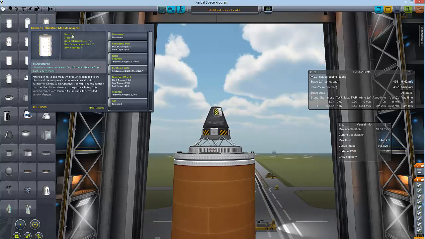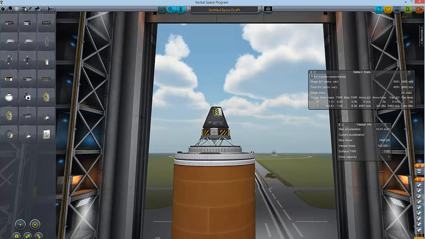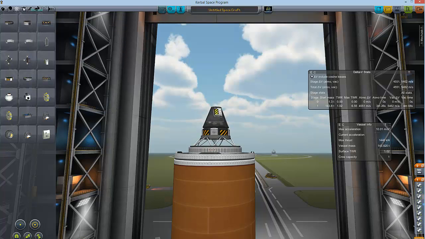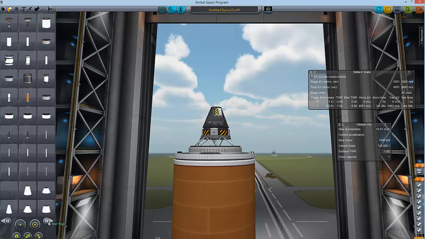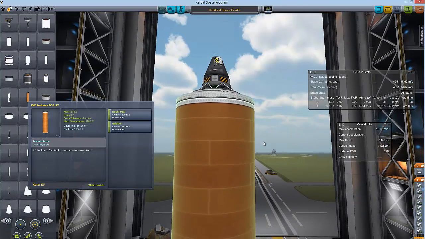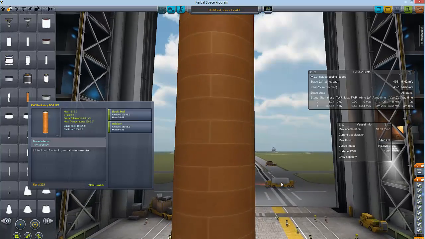Mass is, for example, this is 6.9. This 0.05 type of deal. Go to the fuels. Like right here is 135, and as we saw earlier, you just subtract whatever fuel is being dumped at that time.